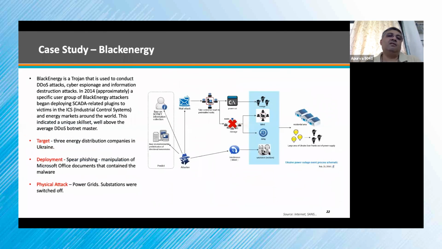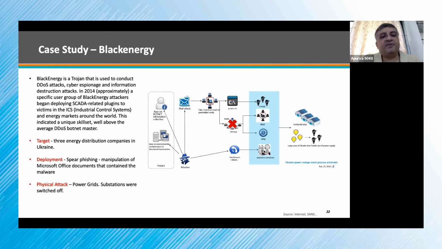The second case I will talk about is BlackEnergy. So what is BlackEnergy? It was a Trojan used to conduct DDoS attacks and more. In 2014, it impacted the Ukrainian power grid, and not just one, it impacted three energy distribution companies.